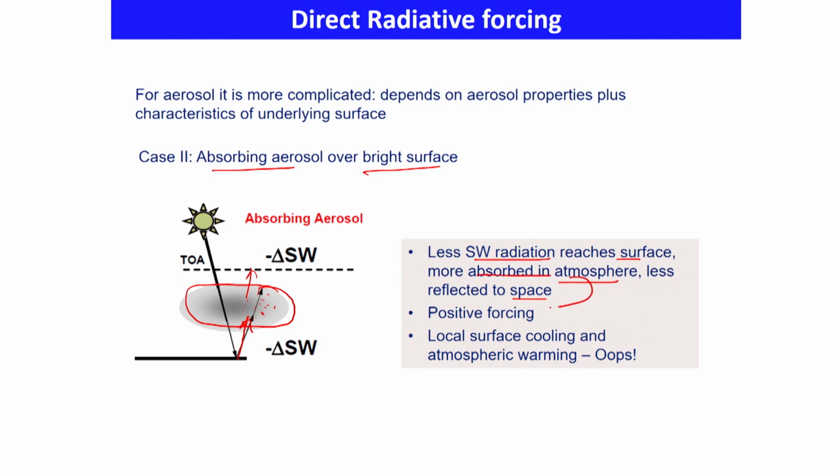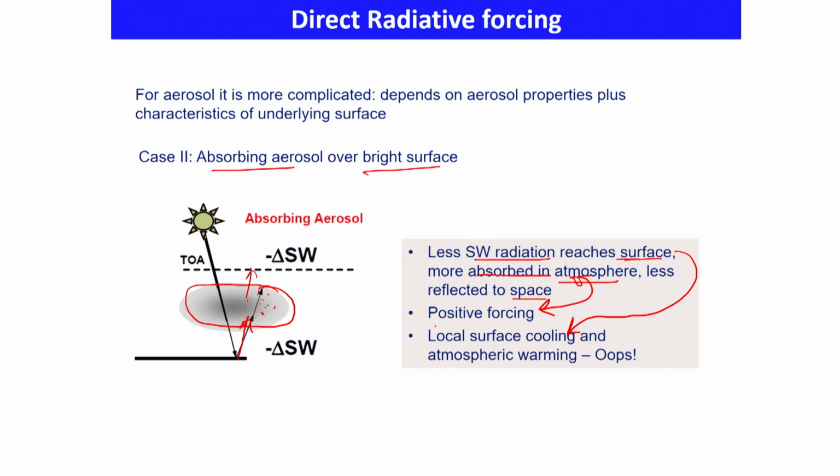Like in the greenhouse gases, if more radiation is absorbed, it will have a positive forcing, so it will have a warming effect. And less radiation reaches the surface, and because less radiation reaches the surface, it will have a kind of cooling.